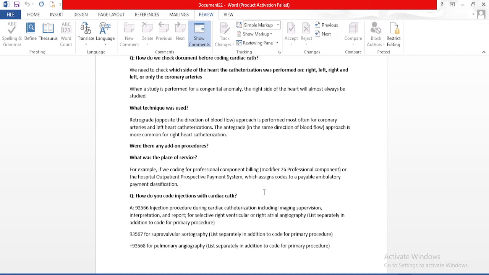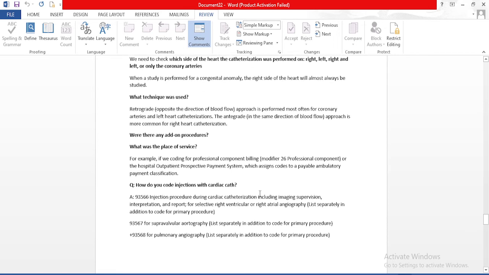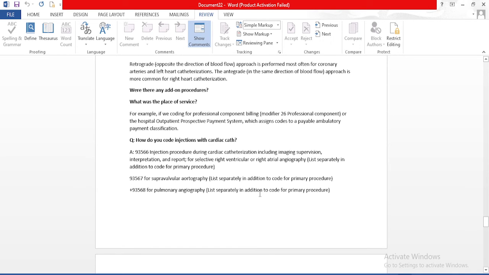So if we see retrograde in the operative report, we understand the physician is performing left heart catheterization. Antegrade means the physician is performing right heart catheterization. Are there any add-on procedures? We need to check whether the physician performed any add-on procedures along with the cardiac catheterization, and also check the place of service.